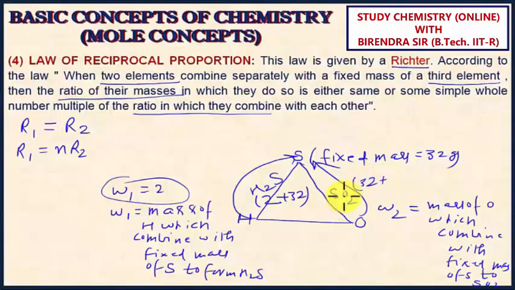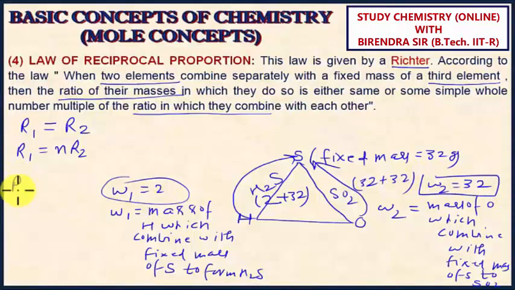S is 32, plus 16 into 2, 32. So 32 gram sulfur is there with 32 gram of oxygen, and we have kept sulfur 32 gram during the reaction. So the mass of oxygen here is 32. So I got the value of W2 as 32.